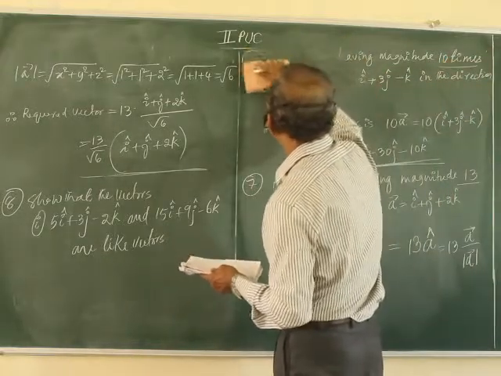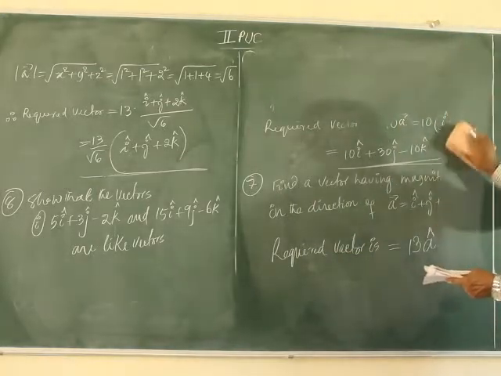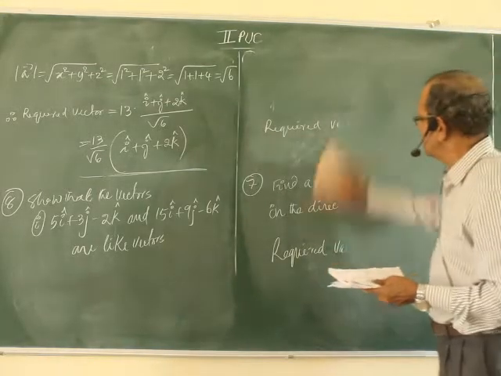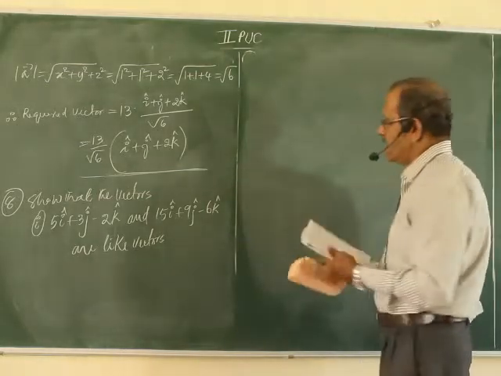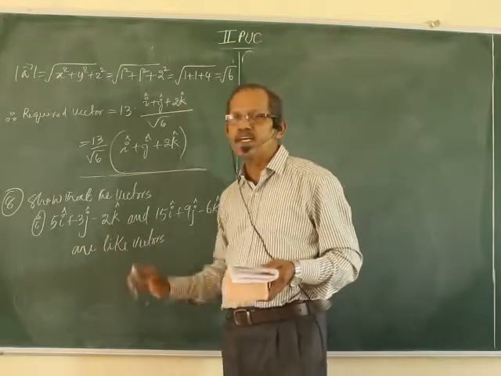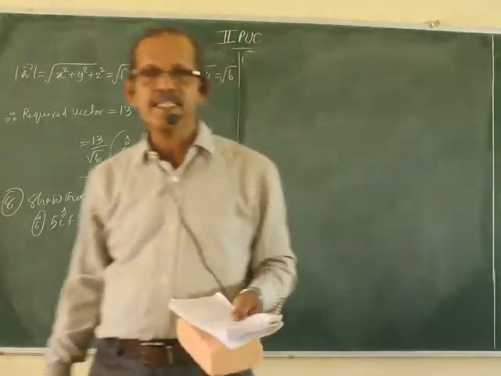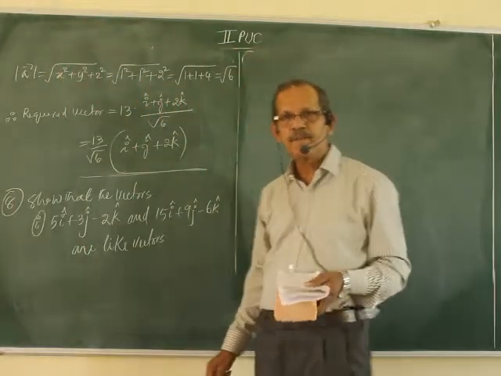So again you have to go back to the types of vectors, because you might have forgotten what a like vector is. Go back and see the types of vectors. What do you mean by like vectors? Two given vectors are said to be like vectors. What is the condition?